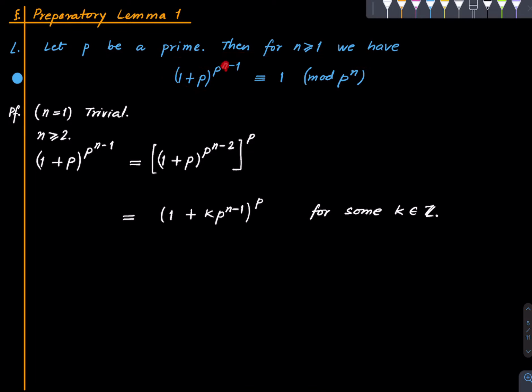If you replace n by n minus 1, you get this expression, and instead of p to the n, you get p to the n minus 1. So what this congruence is saying for n replaced by n minus 1 is that this minus 1 is divisible by this guy. And therefore this is equal to 1 plus some integer times this guy. So this is induction on n.